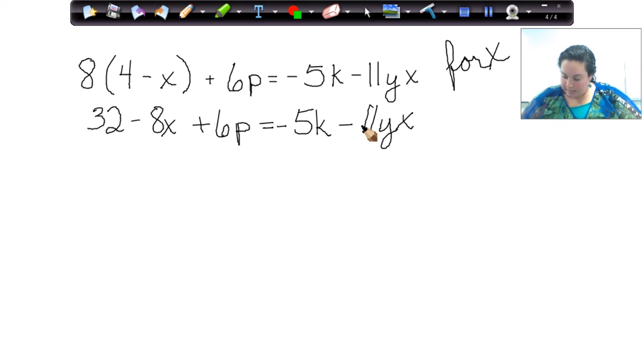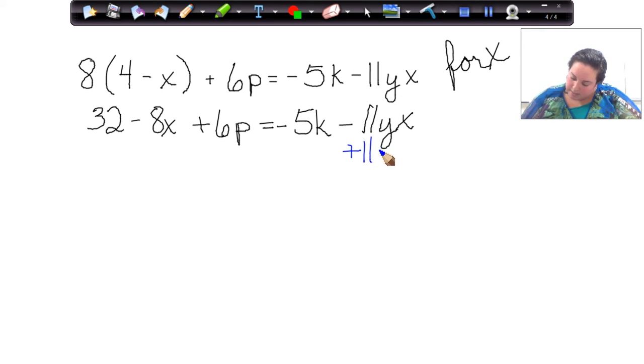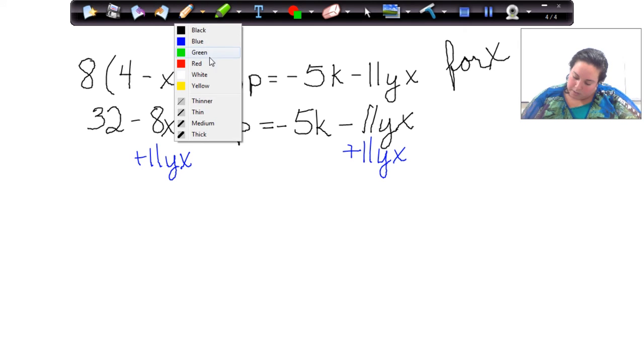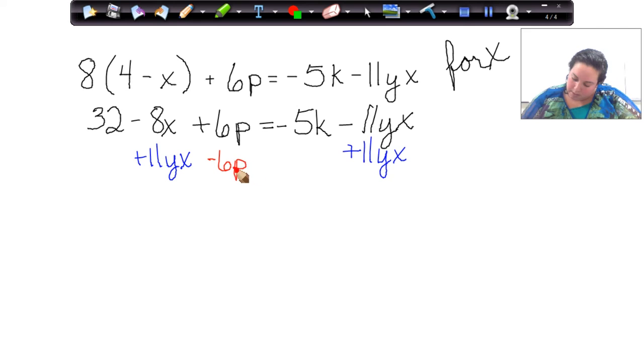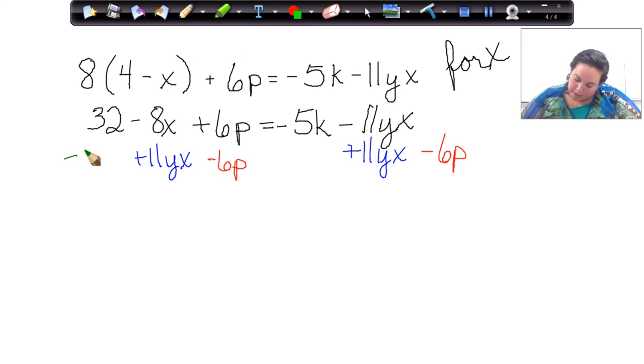So let us subtract. Maybe we'll add 11x or subtract 11x. Either way, we're going to go ahead and move the x's to this side, I think. So we'll add 11yx to both sides, and then we also want to subtract 6p from both sides to get it over here, and we want to subtract 32 from both sides.